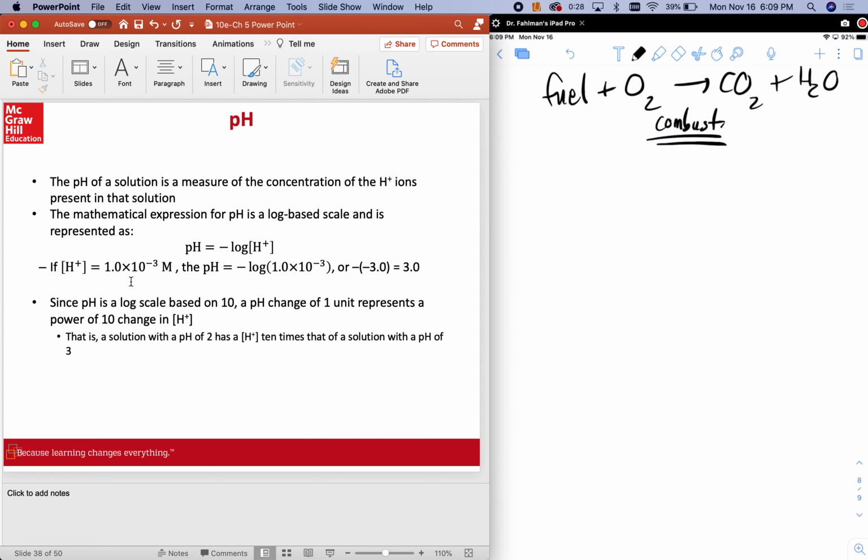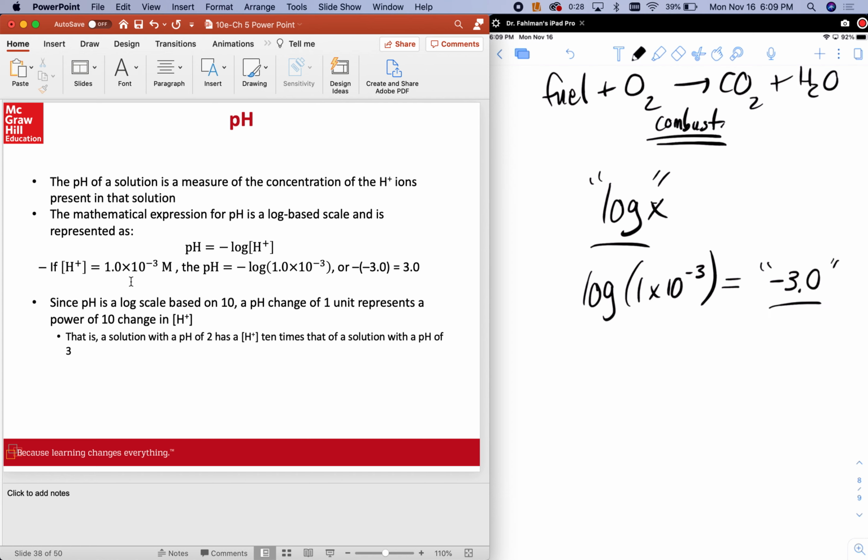You should have a log button on your calculator. You would just literally type in log of 1 times 10 to the minus 3, and you will get an answer on your calculator of minus 3.